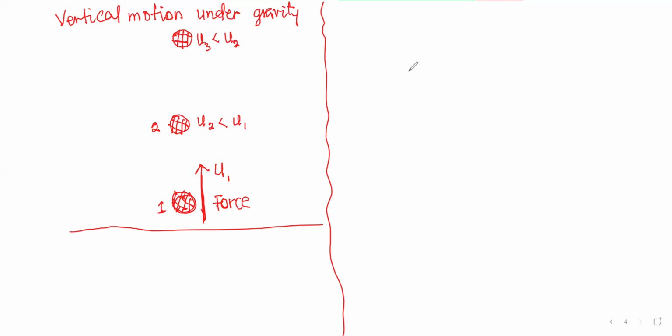As the object goes up, its speed decreases. And this drop in the object's speed is due to what? Let me hear from all of you. This drop in the speed is due to gravity.